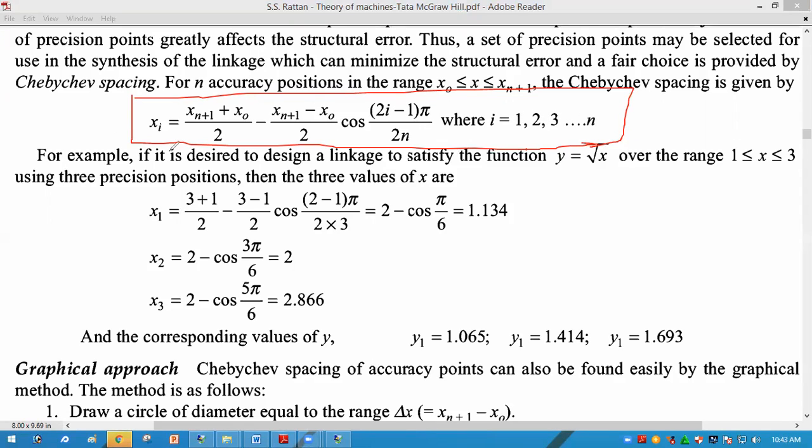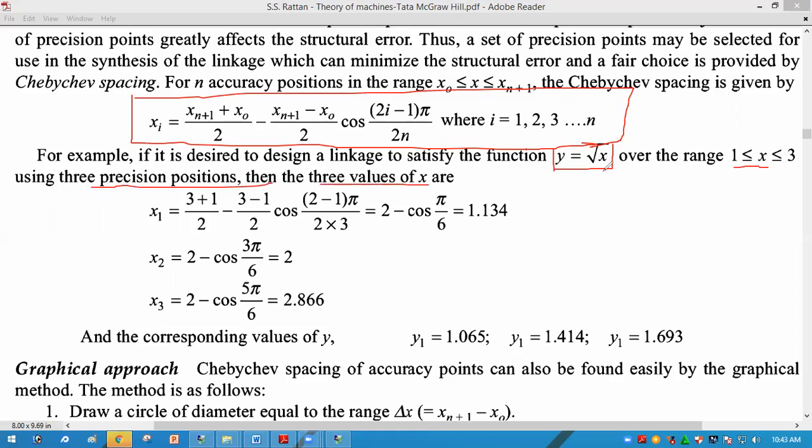For example, if it is desired to design a linkage to satisfy the function y equal to root x over the range 1 less than or equal to x less than or equal to 3 using three precision positions, then find the three values of x.